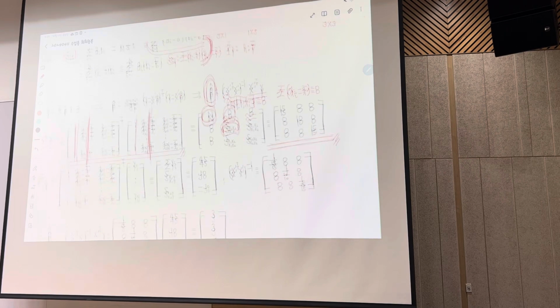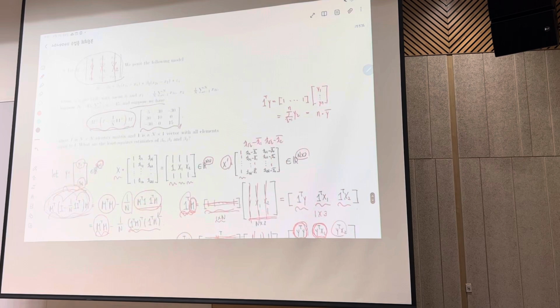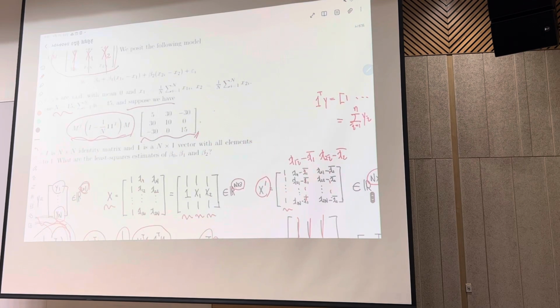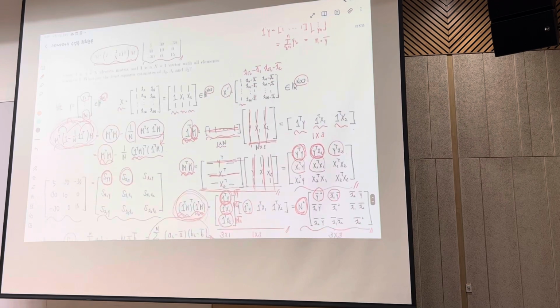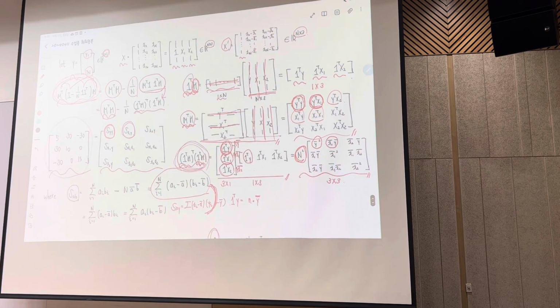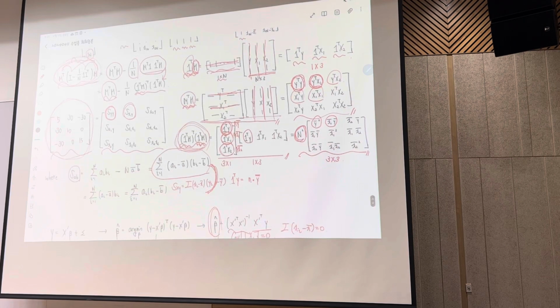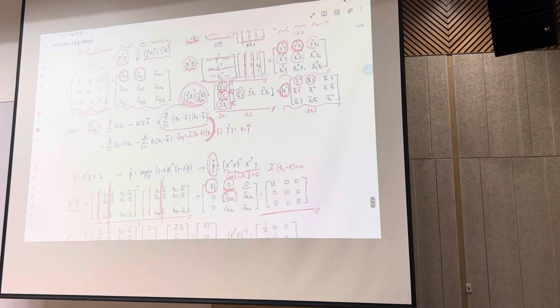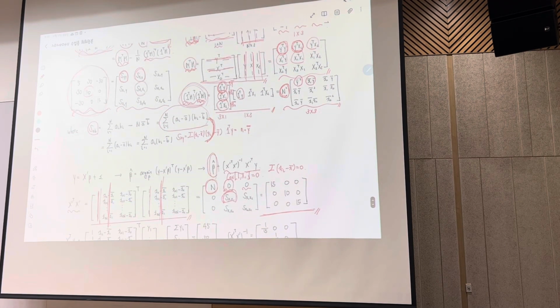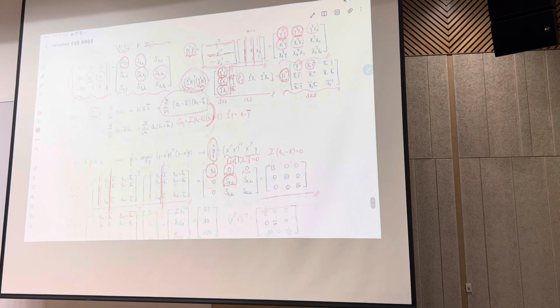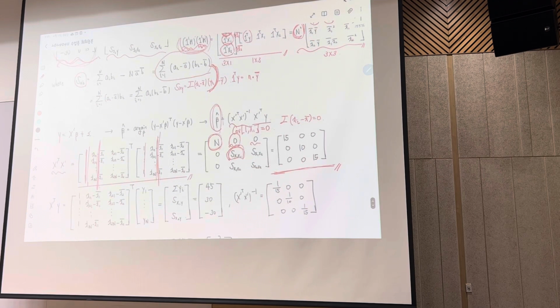N is equal to 15, and other things can be obtained from this information. Sx1x1 is equal to 10, Sx1x2 is equal to 0. So we can get x prime transpose x prime as this diagonal matrix.